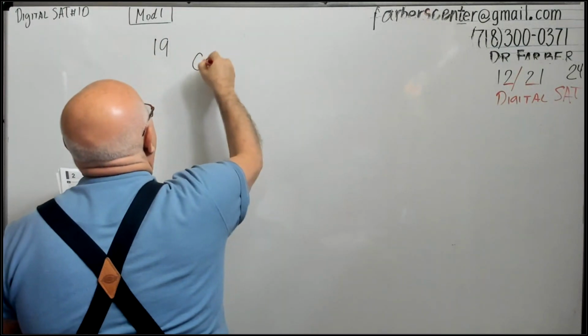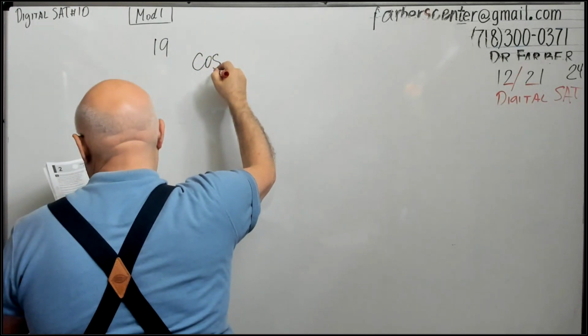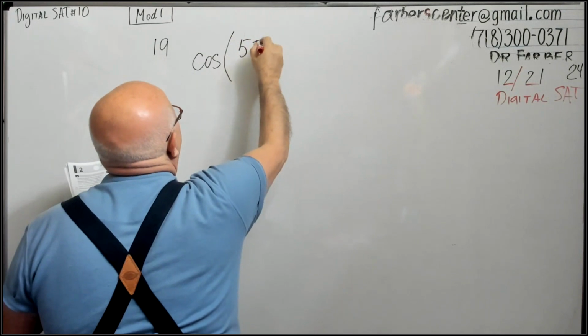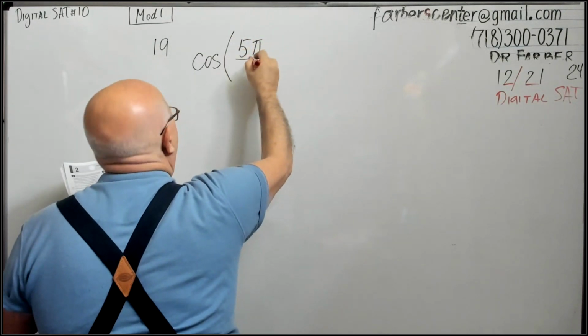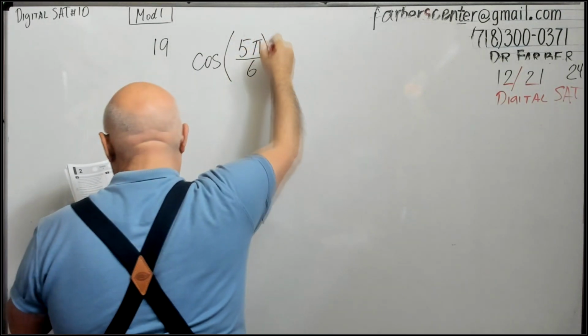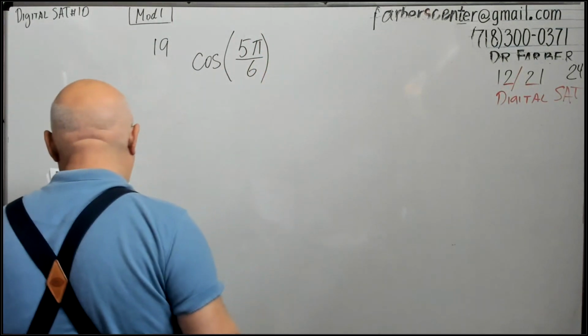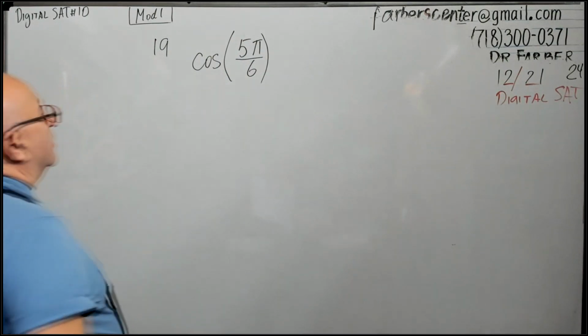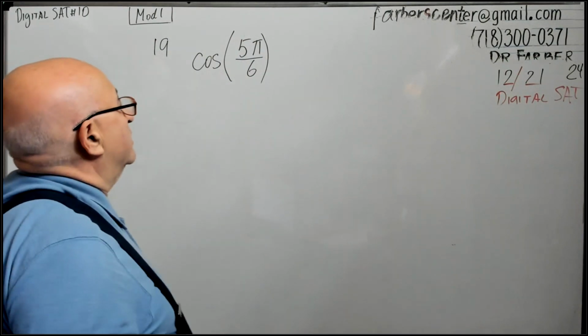You have cosine 5 pi over 6. And they ask you to find the value. Well, one way you can use a calculator.